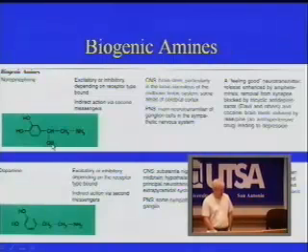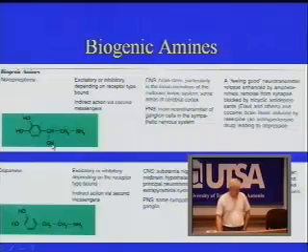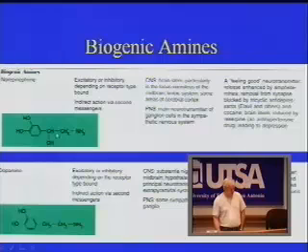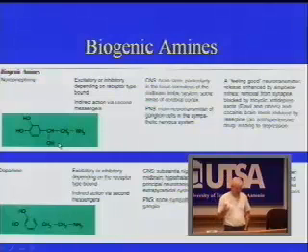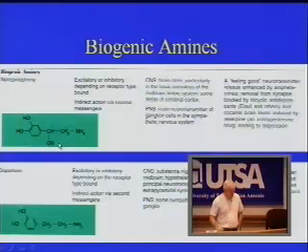DBH is the acronym for it, and we'll see that later. So you should be able to recognize the structure of dopamine, and that the beta carbon with the OH on it lets us know that that is norepinephrine. I'm not going to read through these columns on all of the information. We'll cover more and more of this information as we proceed.